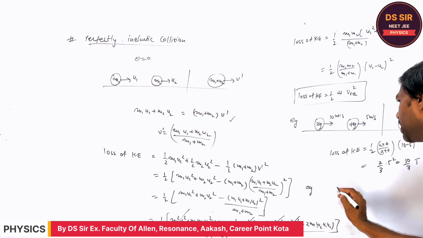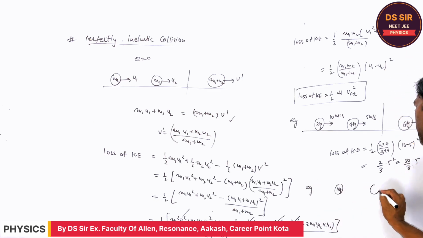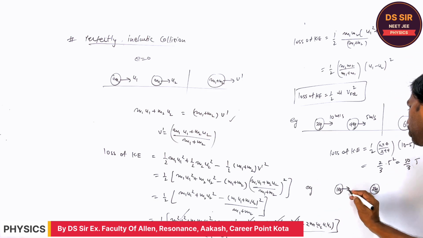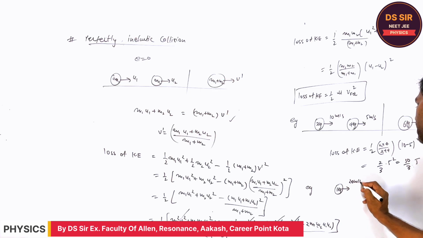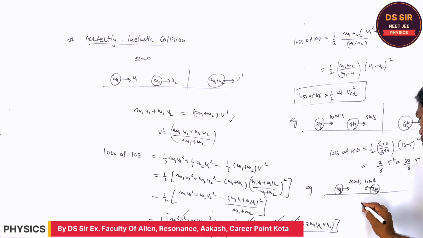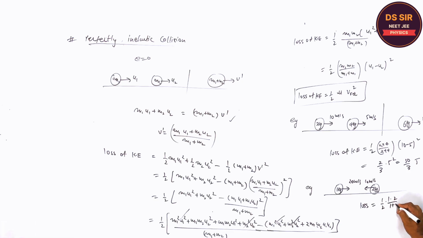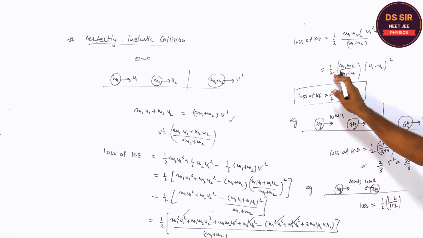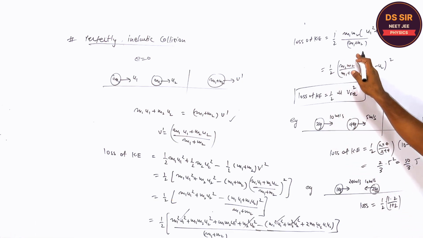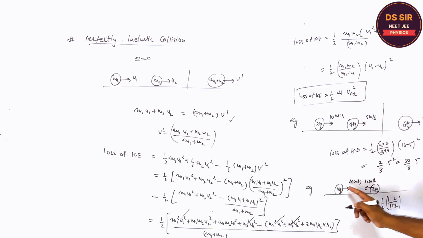For example, if this is the 1 kg and this is the 2 kg. They are moving with 20 meter per second and 10 meter per second. So what is the maximum loss, right? So the loss of kinetic energy is 1 by 2, m1 m2 upon m1 plus m2, that is 1 into 2 upon 1 plus 2. And what is the relative velocity? They are moving in the opposite direction.